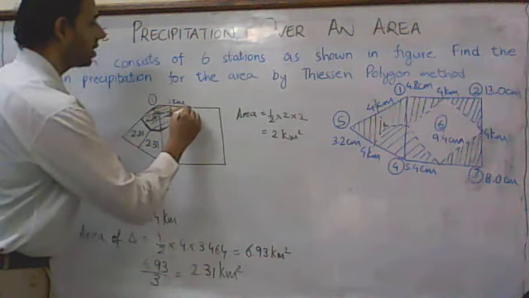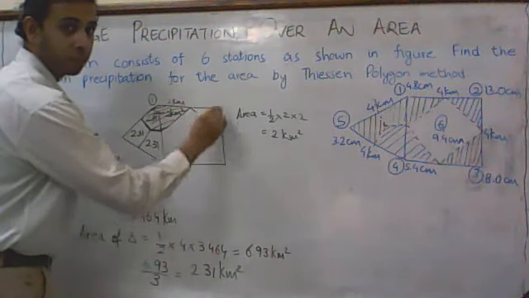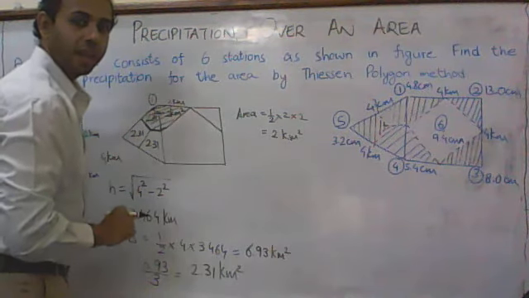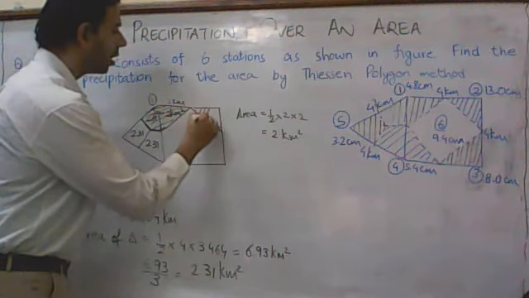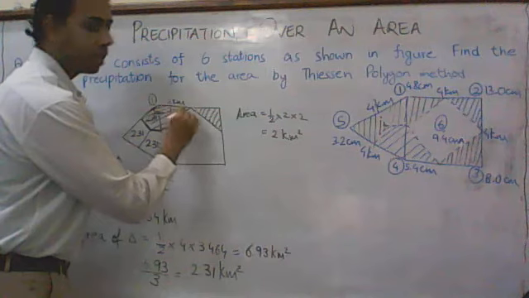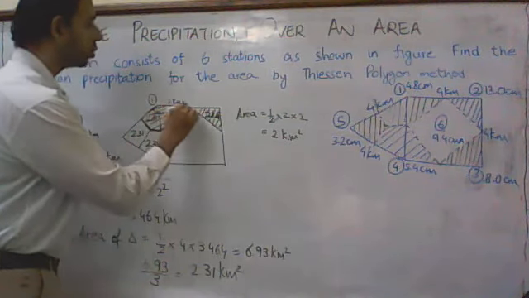Now, next, for station 2, this is station 2. What will be the area for station 2? The area for station 2 will be similar to the right angle triangle. Again, it will be 2 square kilometer because here it was 2. So this will also be 2.